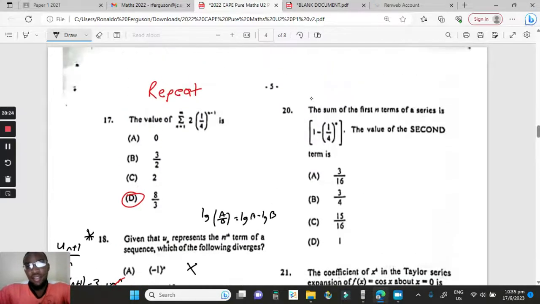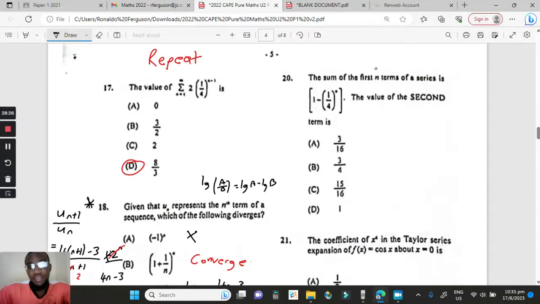Alright. Number 20. The sum of the first n terms of a series is this. They tell you Sn is 1 - 1/4^n. So first, S1 gives you the first term: 1 - 1/4 is 3/4.